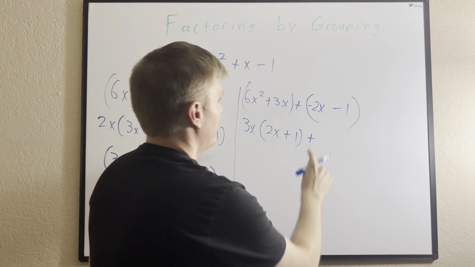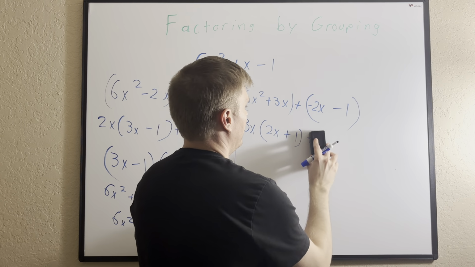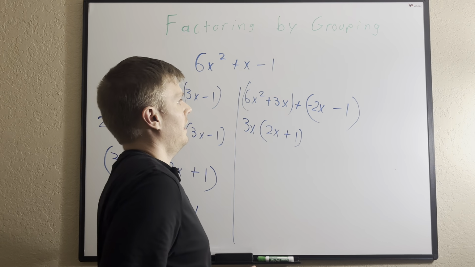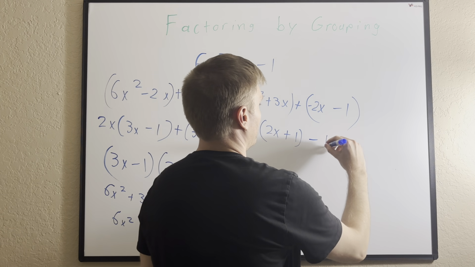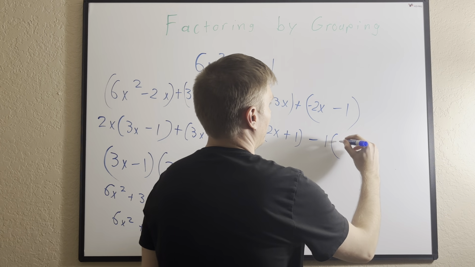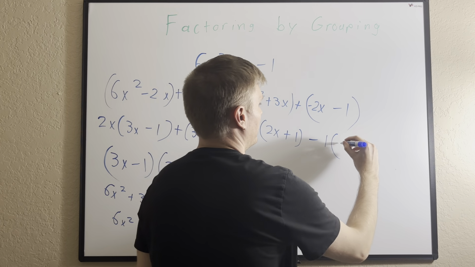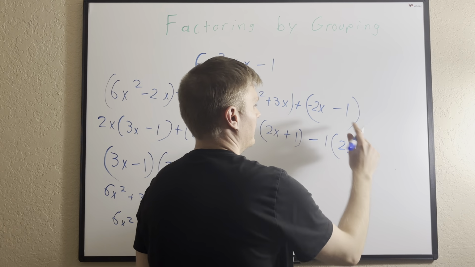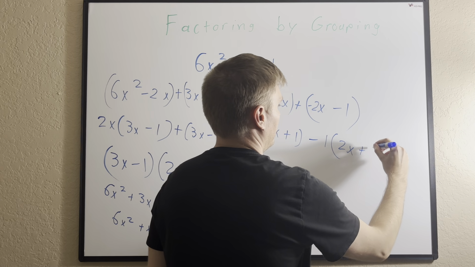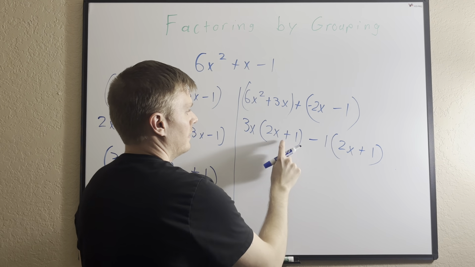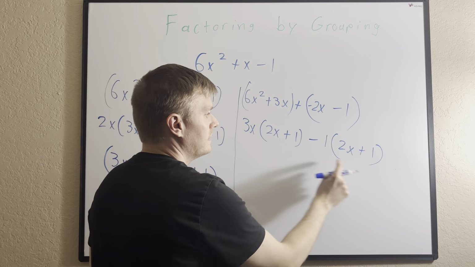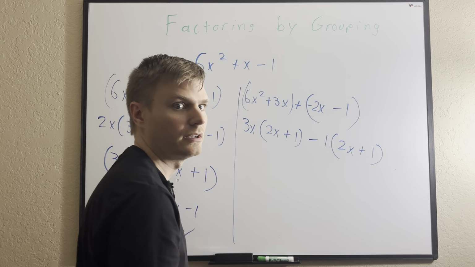There is a -1. We can divide these by -1. Why am I doing that? Just to make everything else positive. So take out that -1. And so -2x divided by -1 is just positive 2x. -1 divided by -1 is a positive 1. If I hadn't factored out that -1, these two would not be the same, and this grouping wouldn't work.